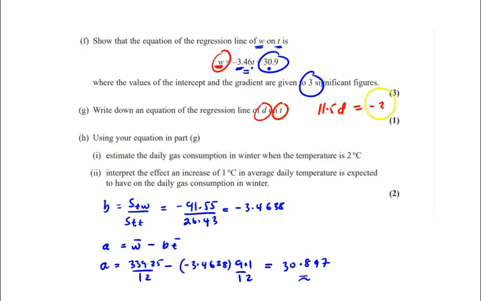It equals negative 3.446 T plus 30.9. That means to get your D, you just have to divide everything by 11.5.